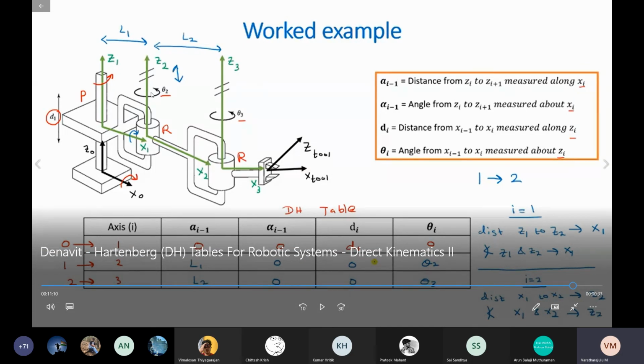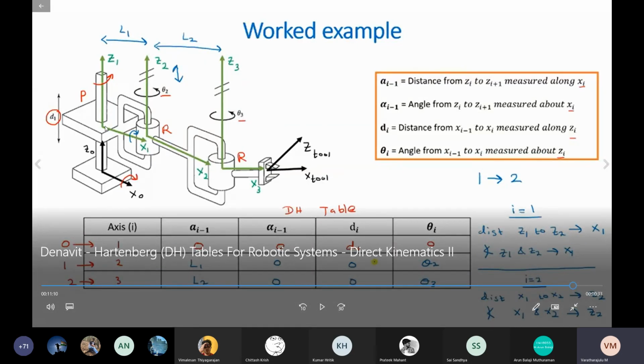Given some value for this theta, only then can we see the changes with this link. Similarly, for this link, when we apply a theta, only then can we find some changes with the end effector.